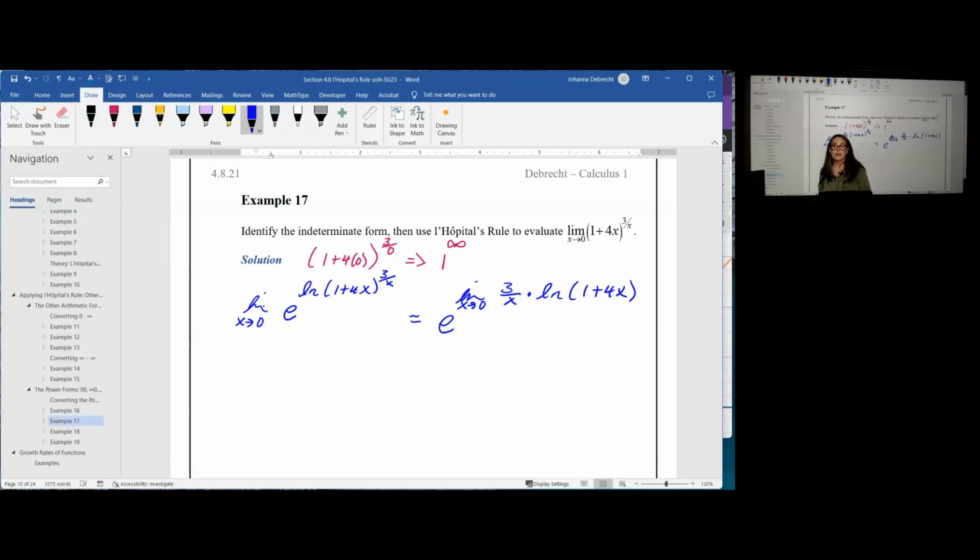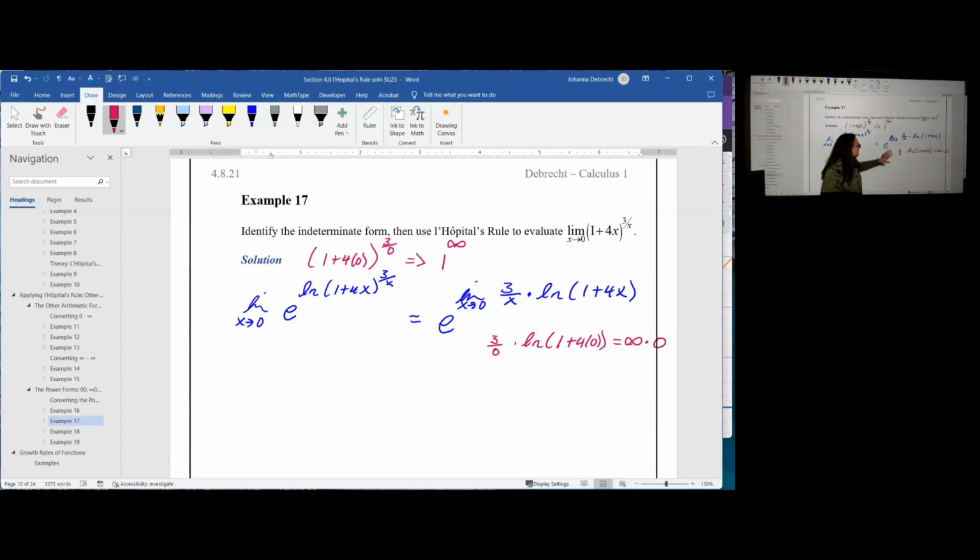I've done something, so I'm going to check again. 3 over x gives me 3 over 0, which I know will go to infinity, times the natural log of 1 plus 4 times 0, which I know will go to 0. This gives me the form infinity times 0, which I was expecting.